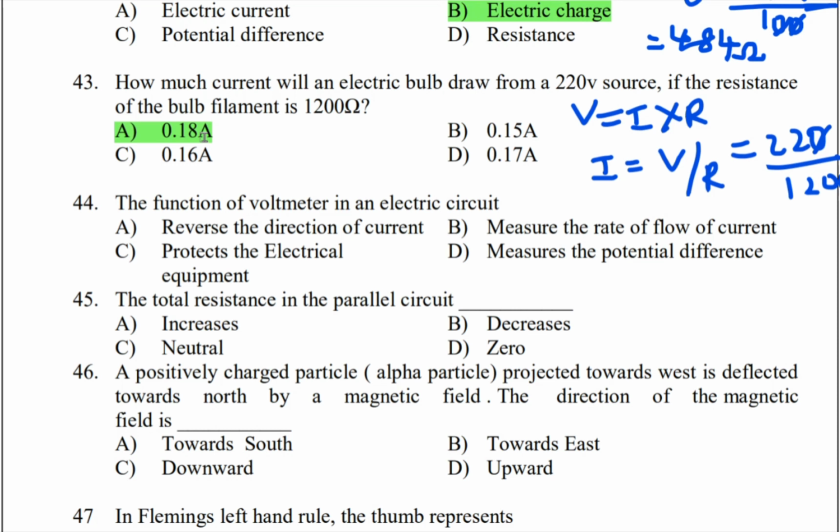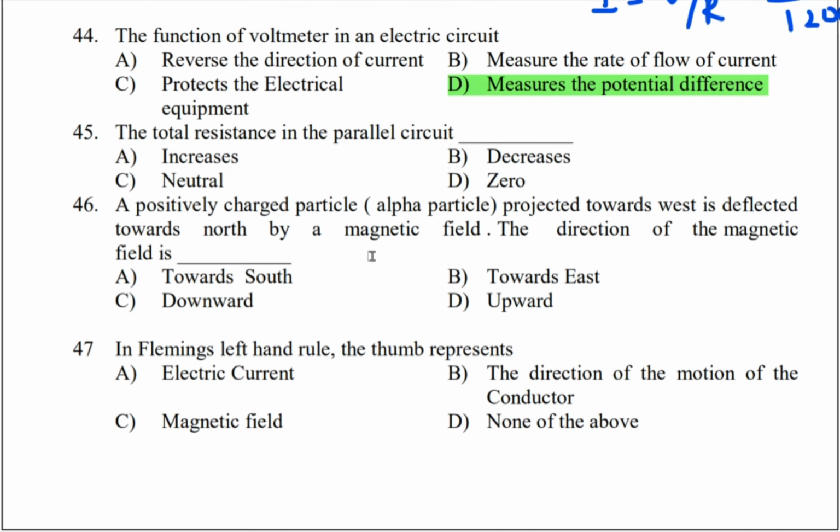Next question. The function of voltmeter in an electric circuit is to measure the potential difference. Therefore the correct answer is option D, measure the potential difference. What is the function of ammeter? The function of ammeter is to measure the electric current.